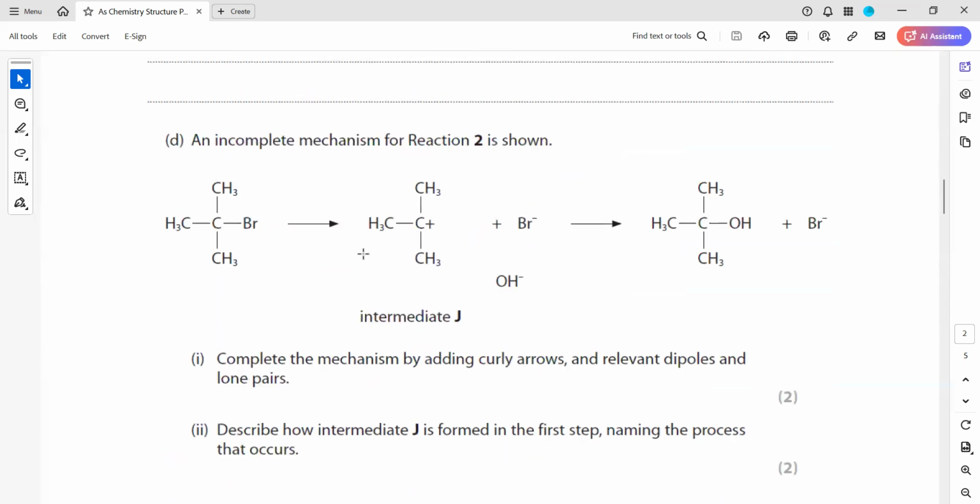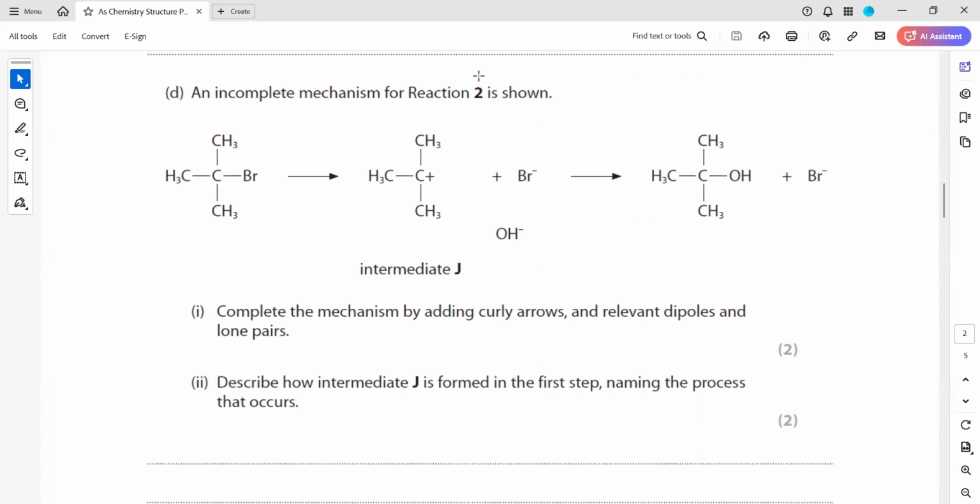The next is an incomplete mechanism for reaction 2. This is an SN1 reaction. Why? It's a tertiary halogenoalkane. Tertiary halogenoalkanes undergo SN1 reaction.